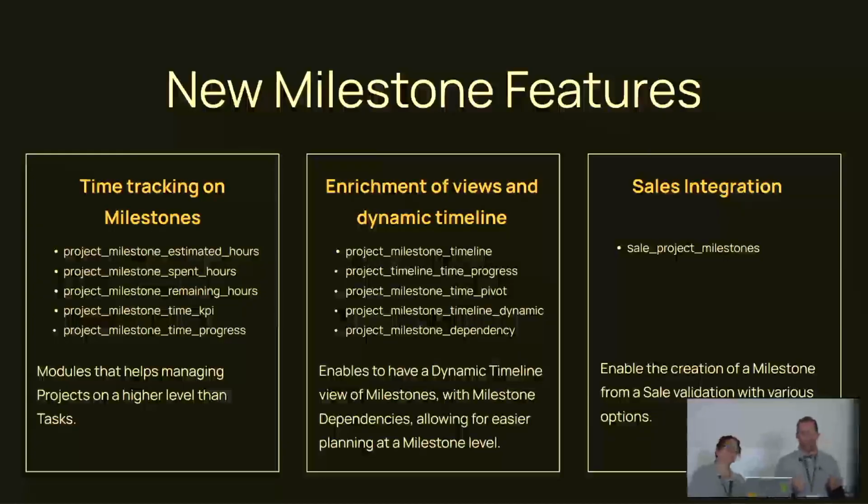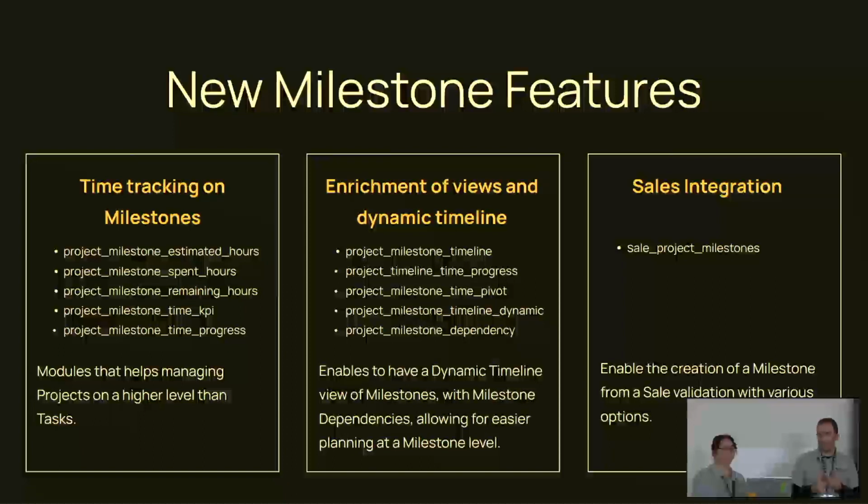So for the features, we have two different types of features. The first one is related to time tracking and time management on the milestone level. You will see we added features to manage estimated hours on the milestone, so that you can have an evaluation beforehand at the milestone level.